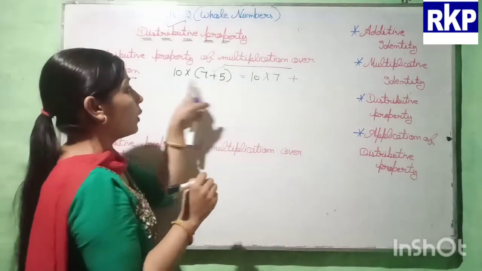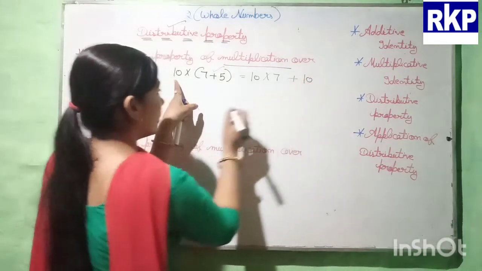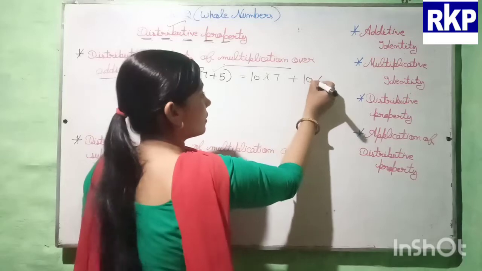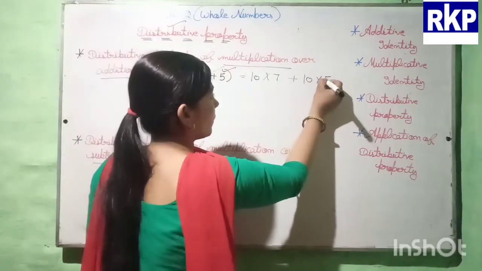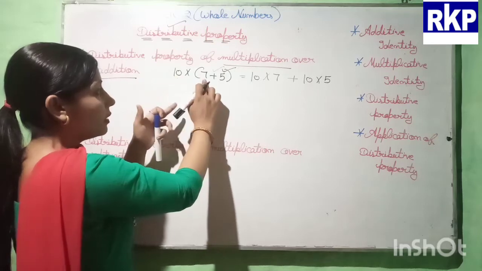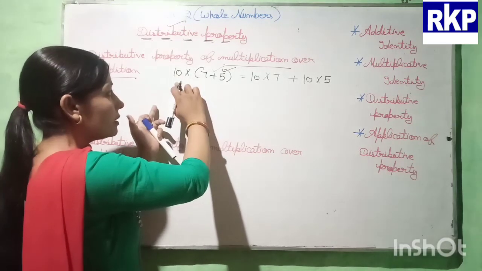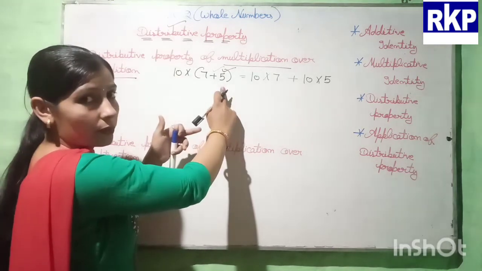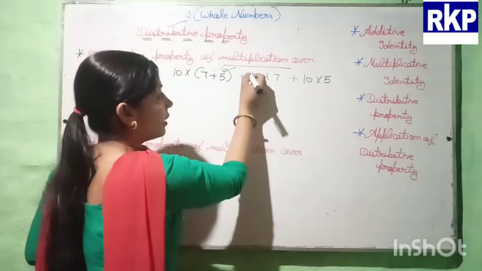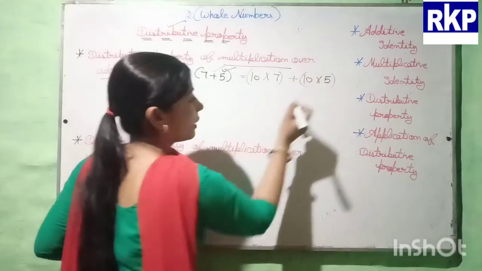Now this 10 we will share with this 5 also. So 10 multiply 7 plus 10 multiply 5, and close these in brackets.